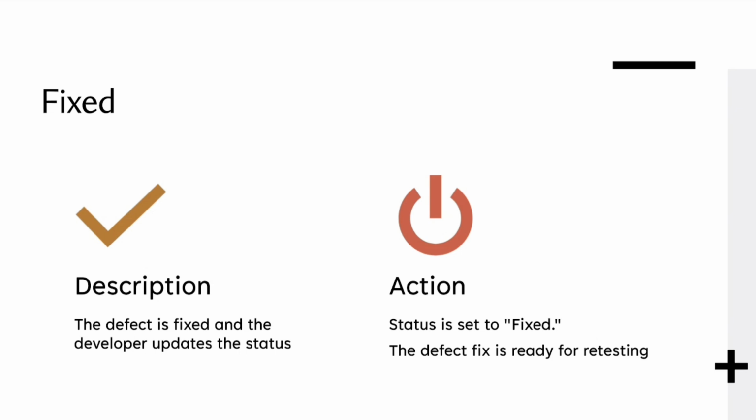Now the tester's job comes into the picture. The tester has to pick up this defect and test it again, running the scenarios that were missed or related to this defect. This is the fixed status.